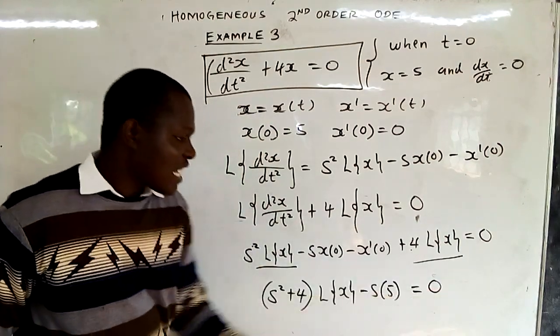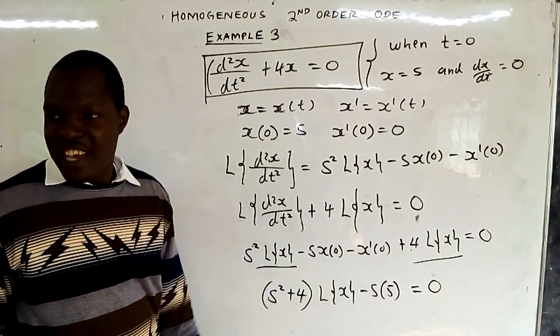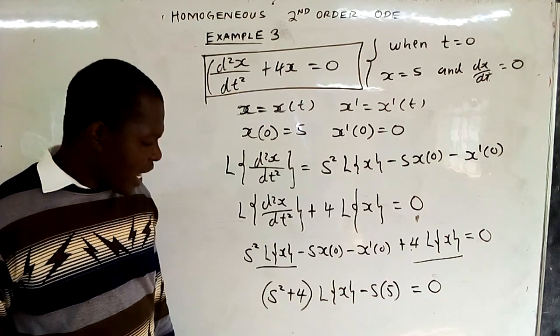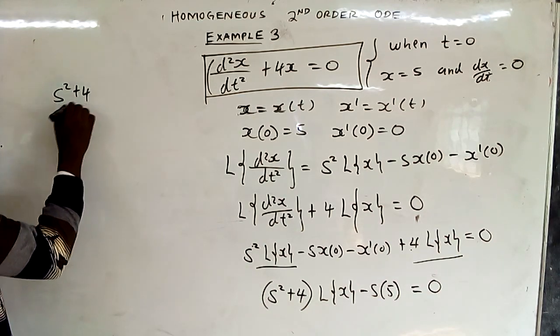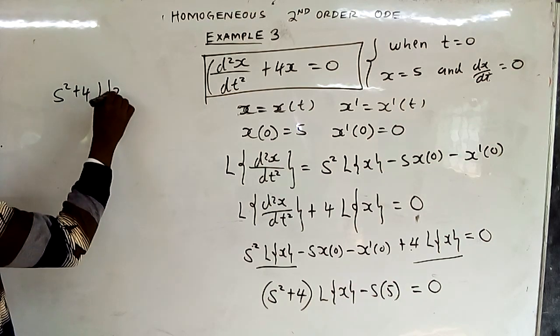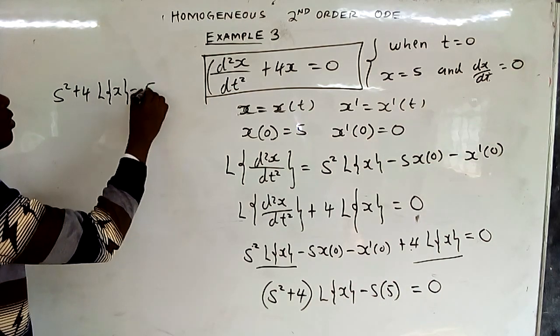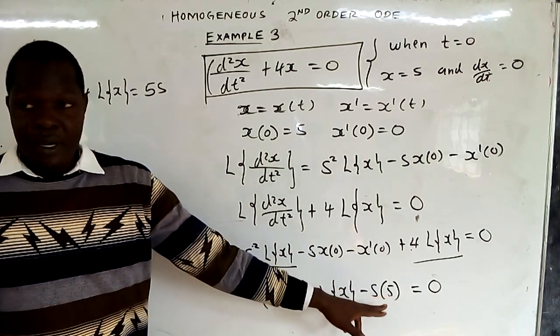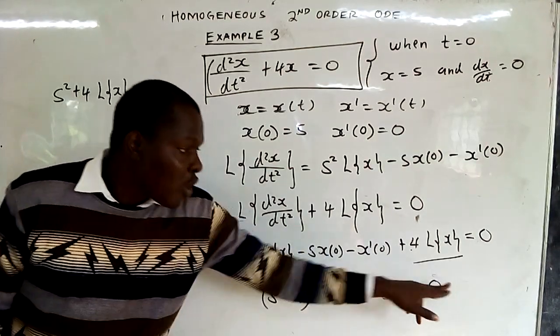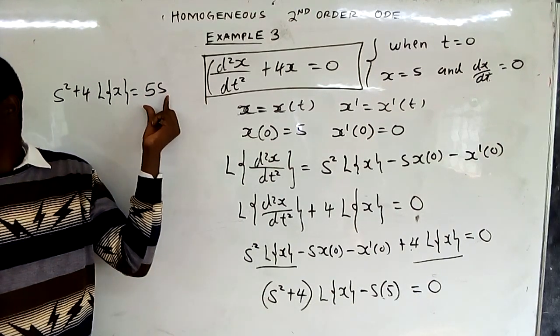So you take this constant term to the other side, minus 5s. Are we together? So we are going to remain with s squared plus 4 Laplace transform of x is equal to 5s, because negative s times 5 is negative 5s. Negative 5s going to the other side of the equation becomes positive 5s.